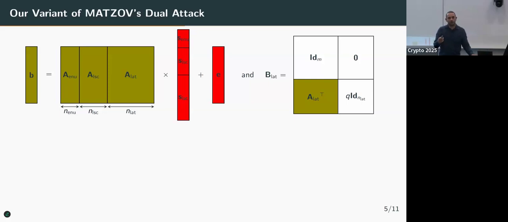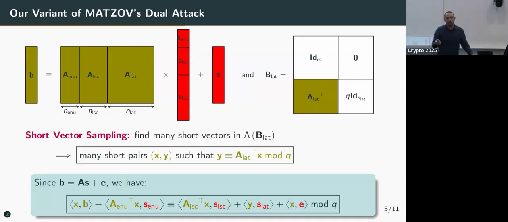We also divide the secret vector accordingly. Then we apply a short vector sampler on the lattice generated by B LAT to find many short vectors in it. By doing this, we find many short pairs X, Y, such that Y equals A LAT transpose times X.